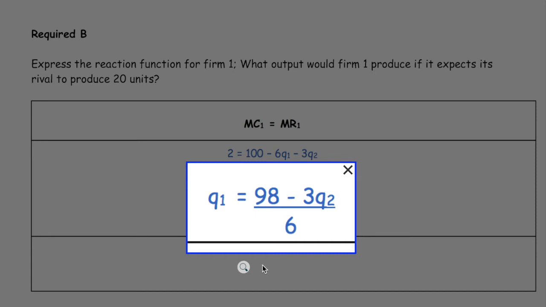The reason why this is called a reaction function is simply because the rule dictates firm 1's optimal output level when we know what firm 2 is producing. So it is a function that relates Q1's output to that of firm 2.